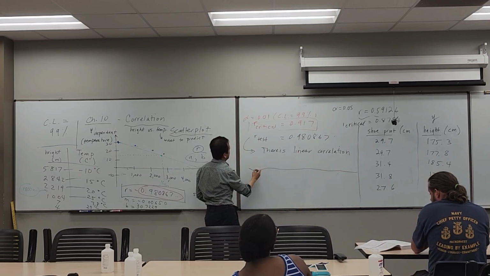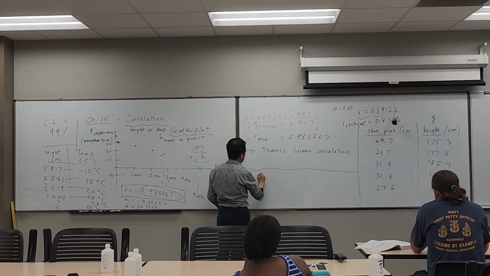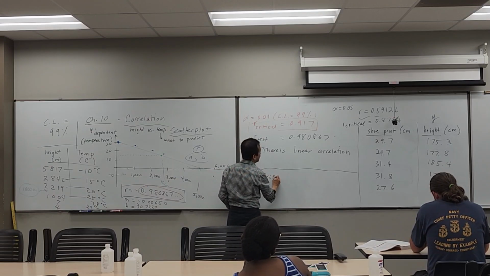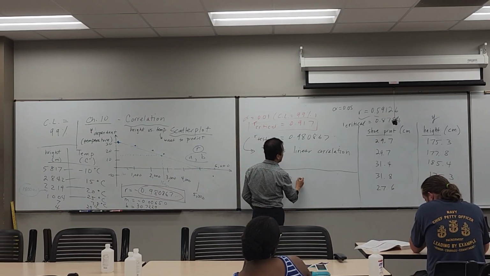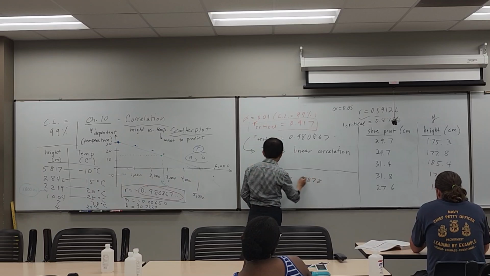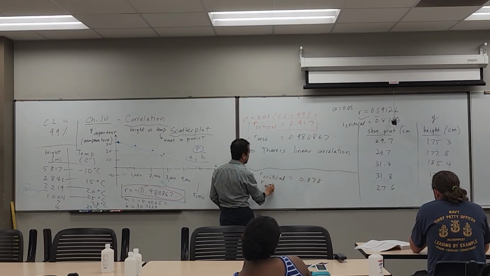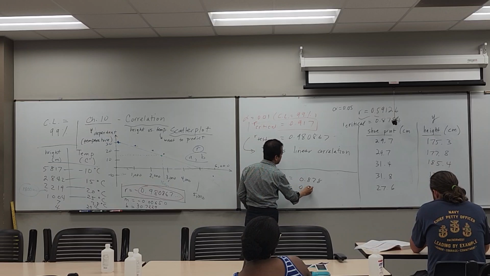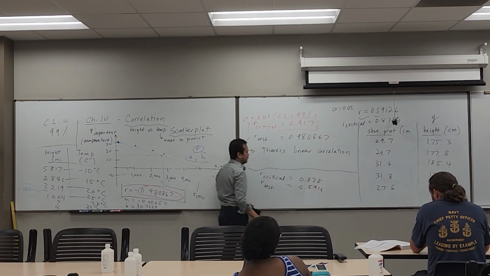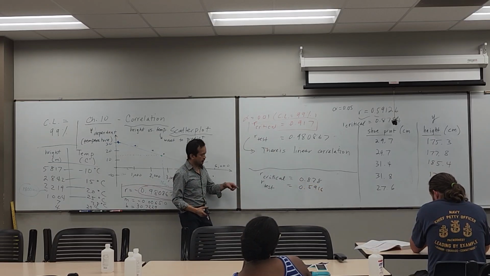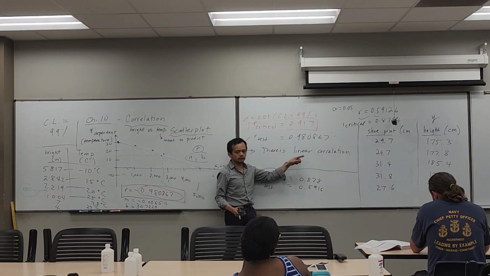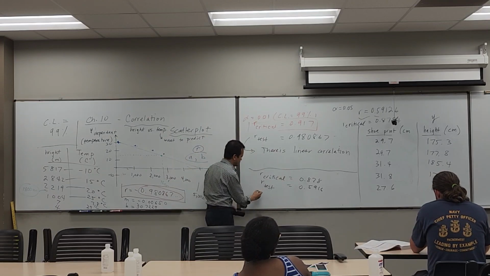But in this case, we have an R critical that is 0.878, and our R test is lower than that. So, based on this, our conclusion should not be that there is no linear correlation.